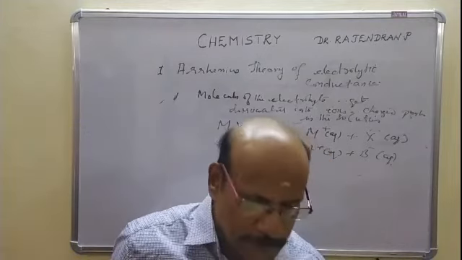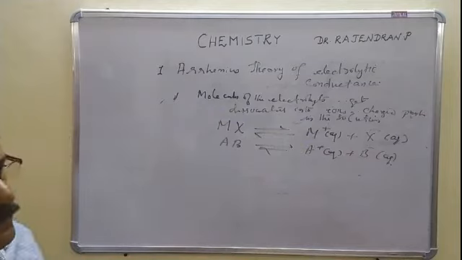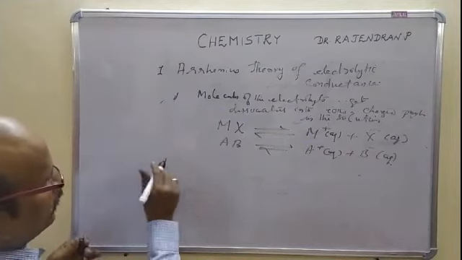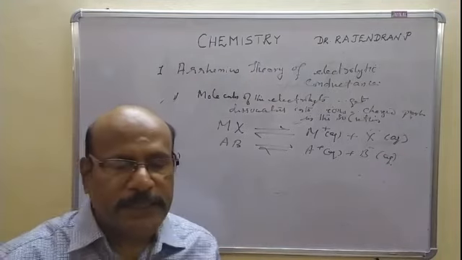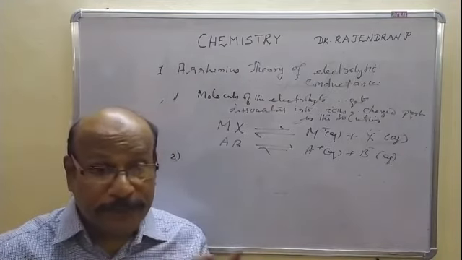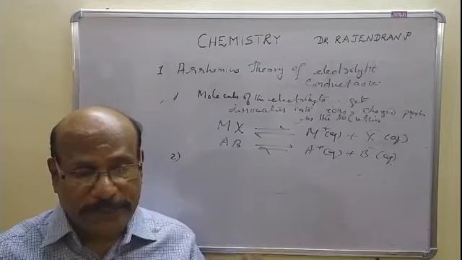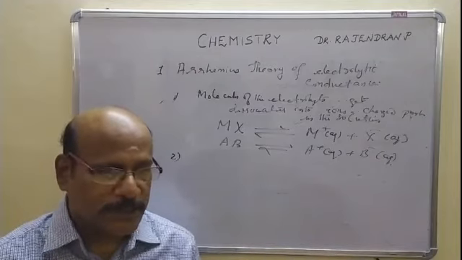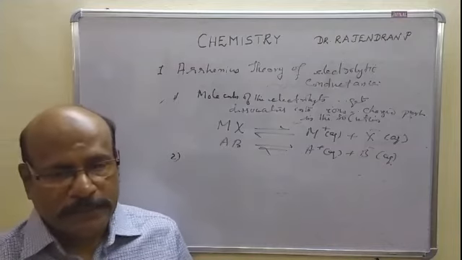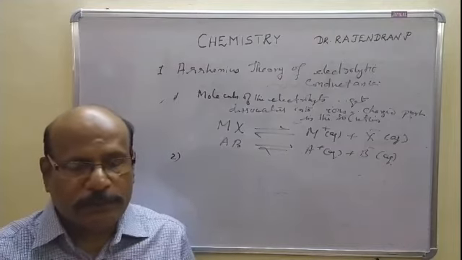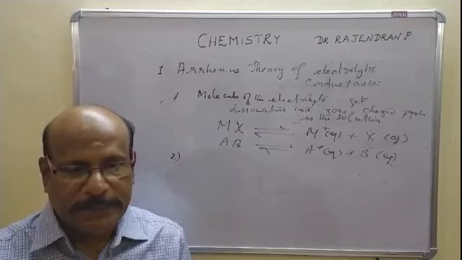Then next is, under the influence of the electric field, we are applying a potential, so under the influence of the electric field, the ions are free to move, to migrate towards the opposite electrode.